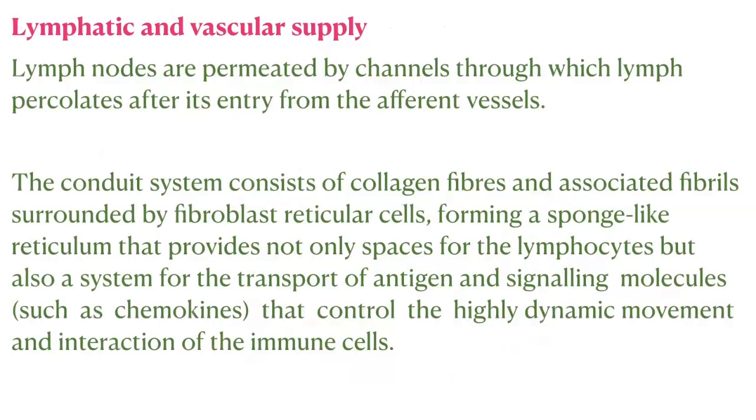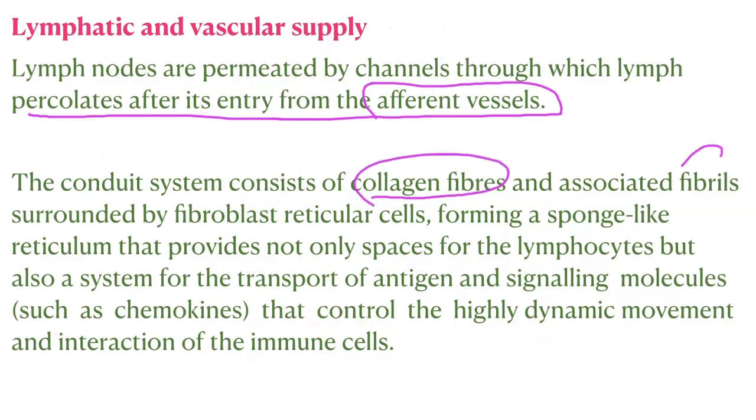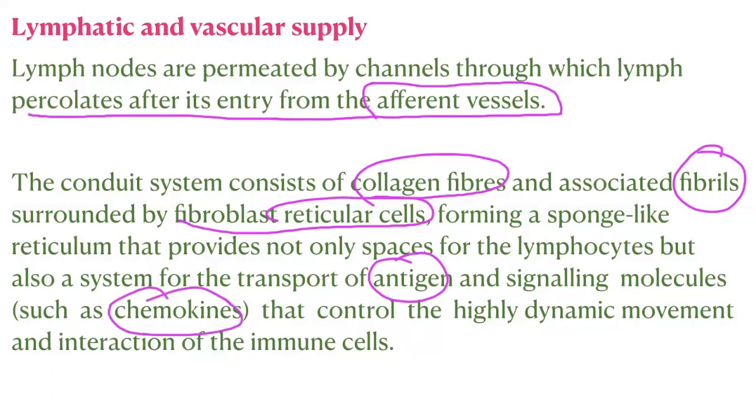Lymph nodes are permeated by channels through which lymph percolates after its entry from the afferent vessels. The conduit system consists of collagen fibers and associated fibrils surrounded by fibroblastic reticular cells, forming a sponge-like reticulum that provides not only spaces for the lymphocytes but also a system for the transport of antigen and signaling molecules like chemokines that control the highly dynamic movement and interaction of the immune cells.